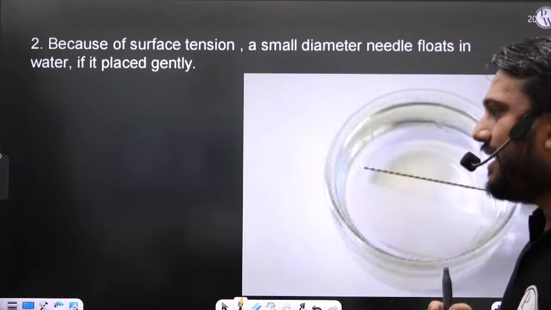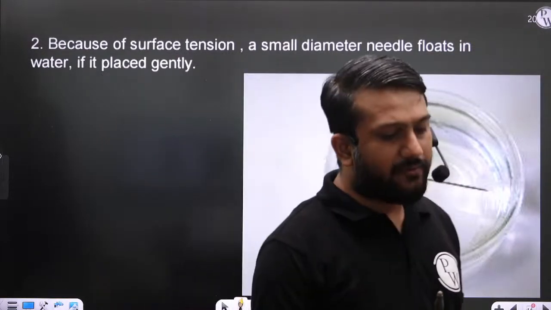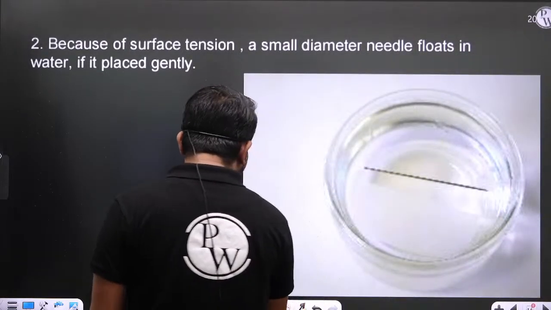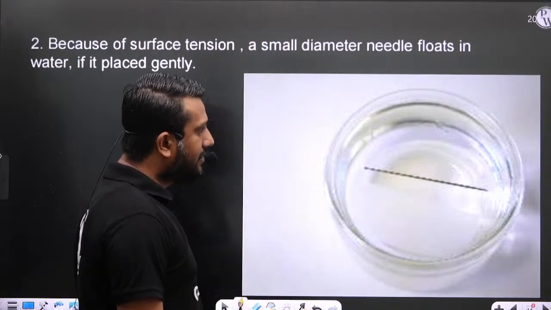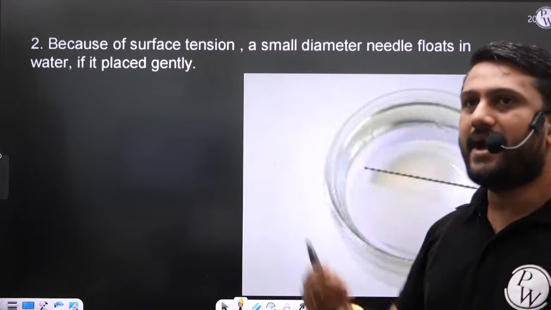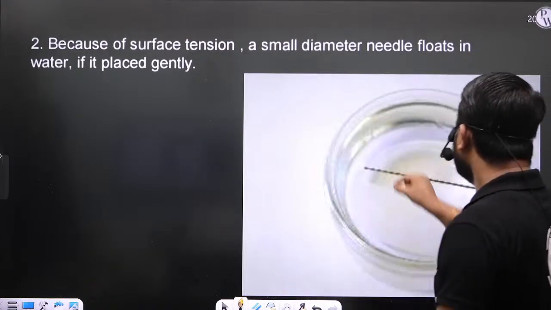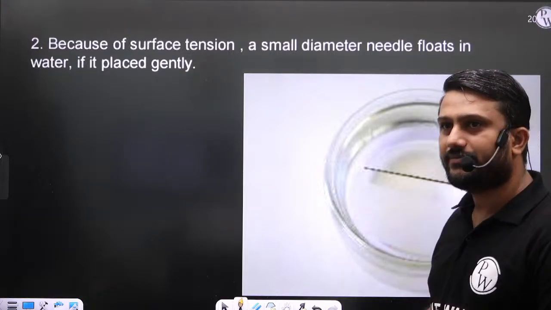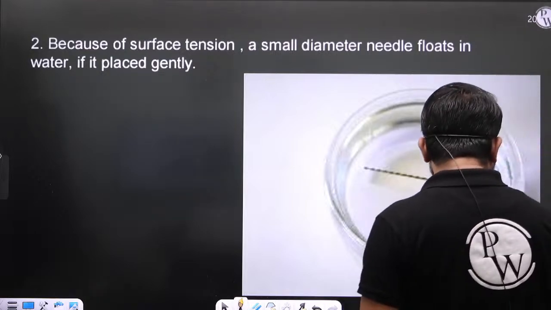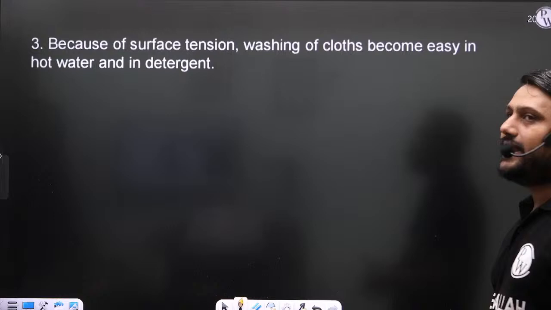In the previous class we also discussed the maximum diameter of the needle that can float. We took some values and already calculated the maximum diameter of the needle required to float. I hope that part is also clear to you. Come to the next example.